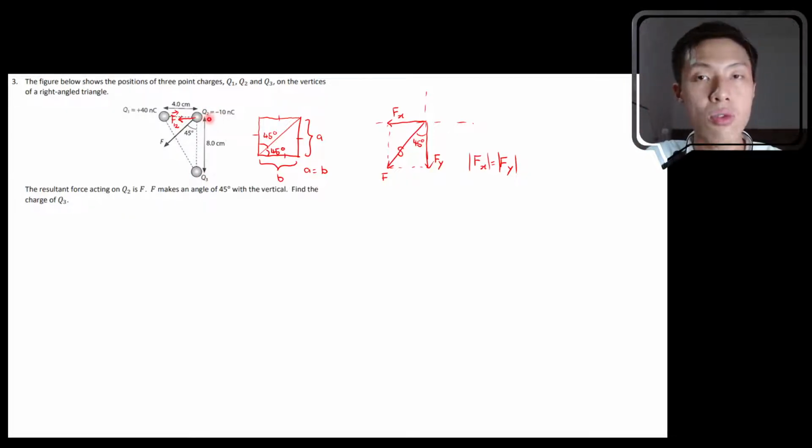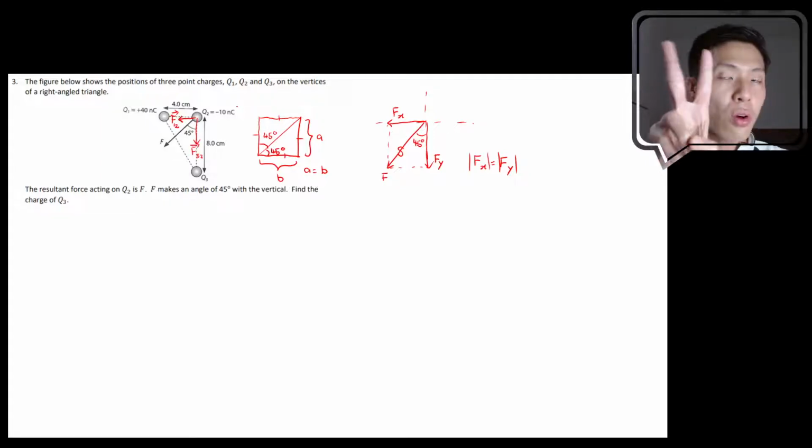If you add up these two forces, the resultant force will be pointing in the third quadrant. So if you have one of the directions of the forces and you know the final direction, you should know that the second force should be pointing downward. There are only two options.